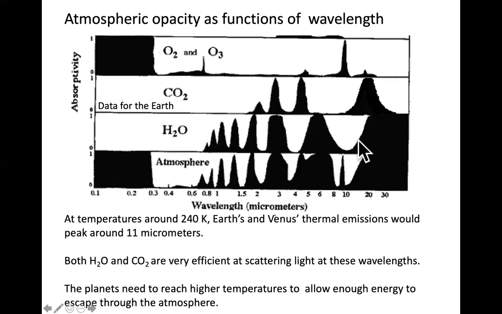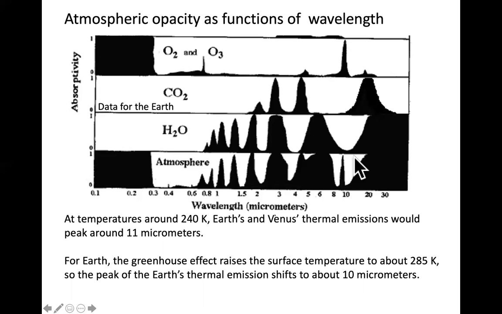Since these are not places light can get through very well, the temperature has to go up to compensate. That allows more light to get out, but also shifts the peak to longer wavelengths. And on Earth, going from about 240 or 250 Kelvin up to 285 allows enough light to get through around 10 microns, or micrometers to be specific, to escape and balance the books.